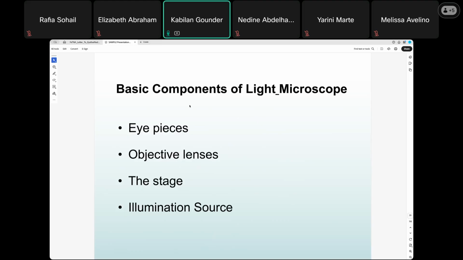So the basic components of a light microscope are, as we mentioned, the eyepiece or ocular lenses, objective lenses, then the stage and illumination sources.